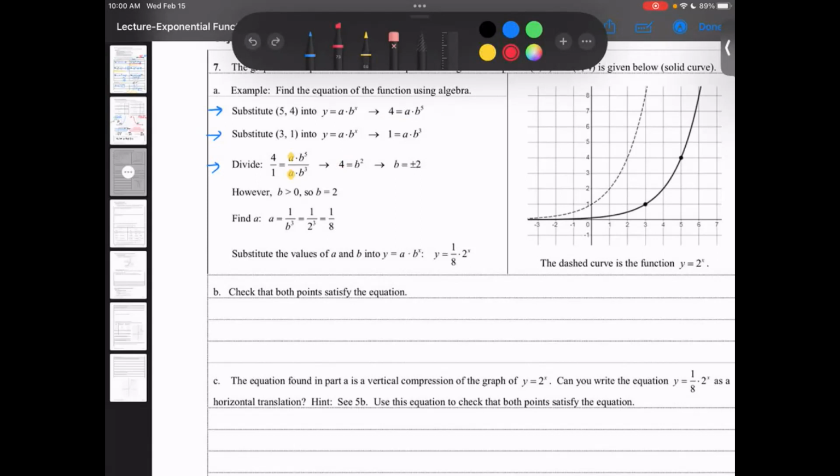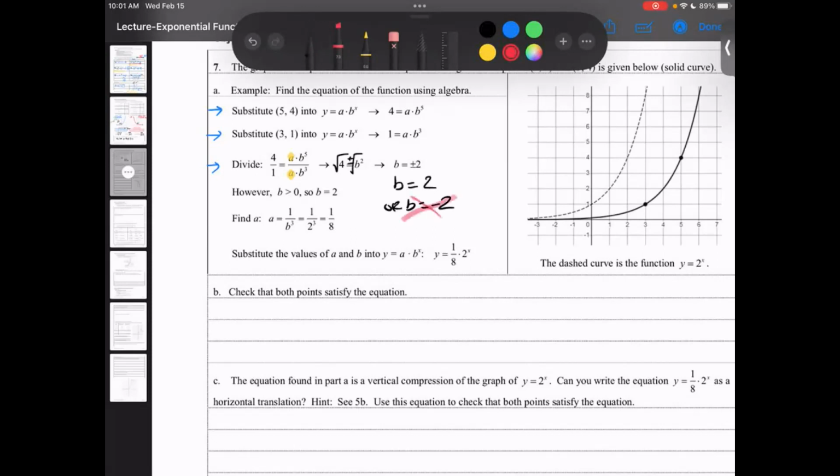I'm gonna solve for b, so I take the square root of both sides. When you take the square root, you have plus and minus. So b equal either positive 2 or negative 2. Because the definition of the exponential function says b cannot be negative, we cross that second option out.